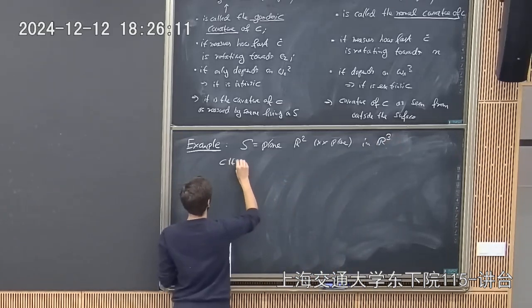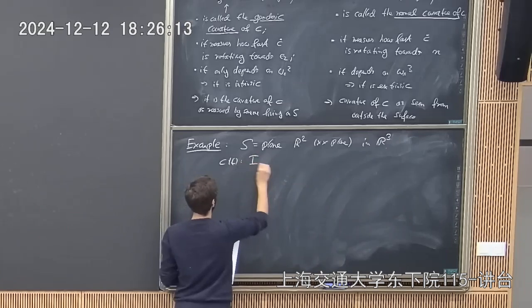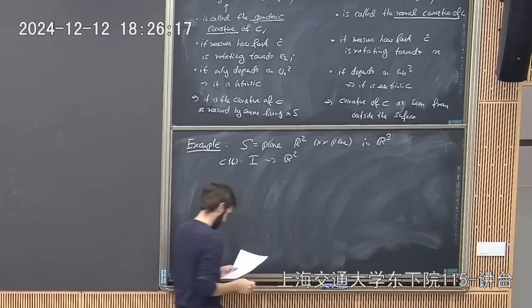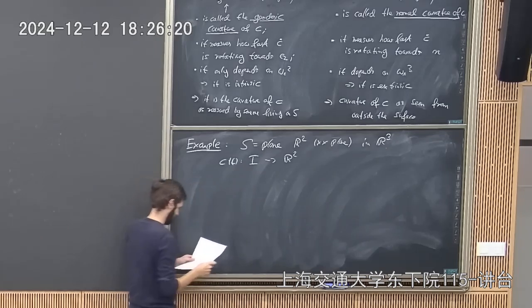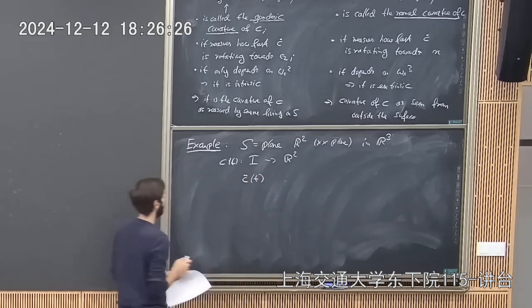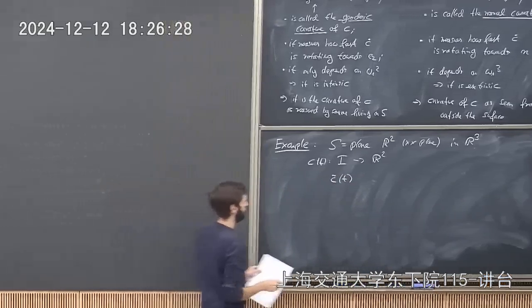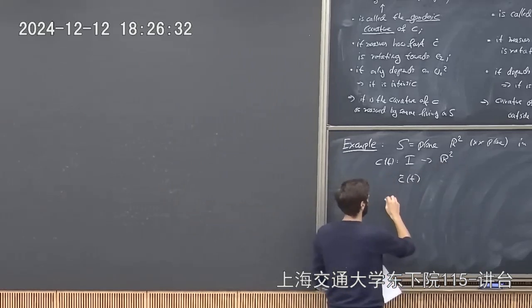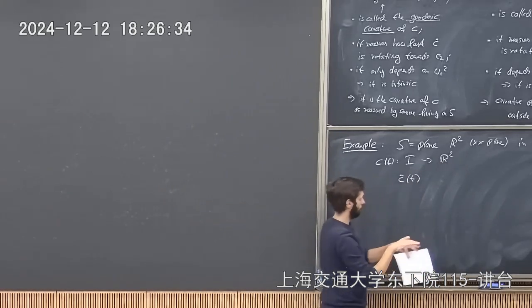Then C of t we can think of as a function from the interval into R2, and then C double dot of t will be some vector, but it will again be in R2, because the curve is like there.